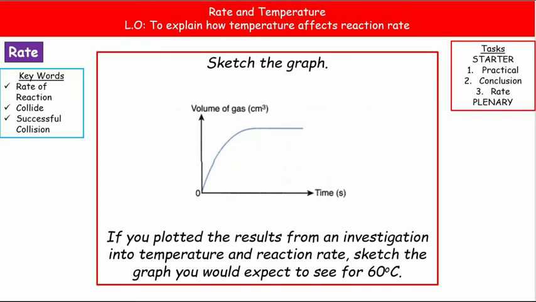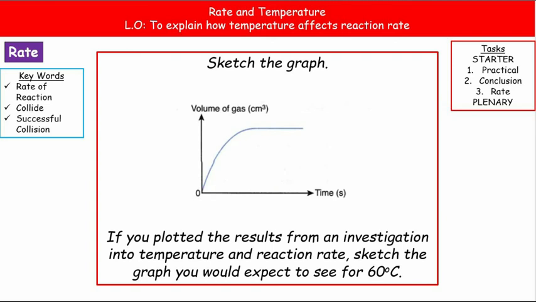What I'd like you to do now is sketch the graph I've given you on the screen as it is at this point in time. Put that line as it exists. This is a graph for the volume of gas we produce in a reaction occurring at room temperature, which is around 20ish degrees.